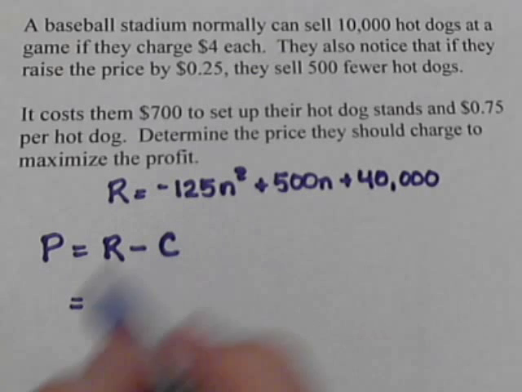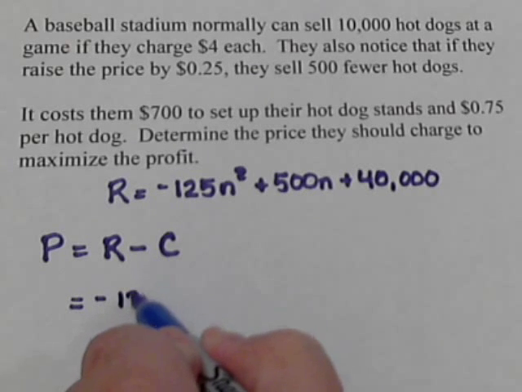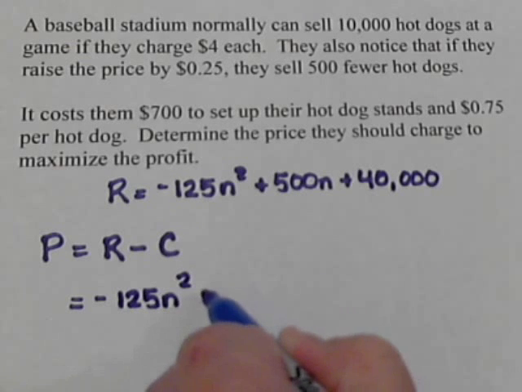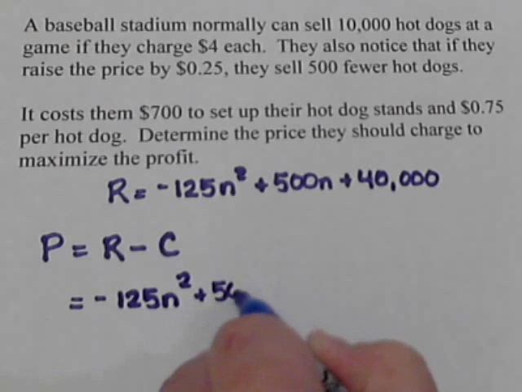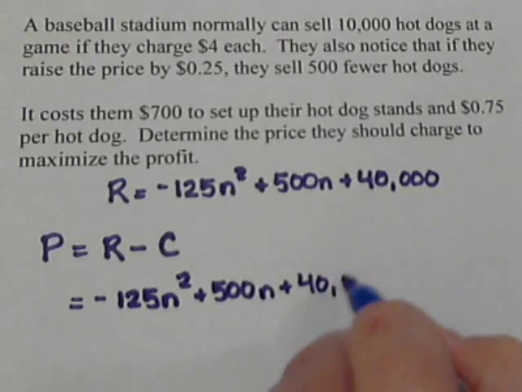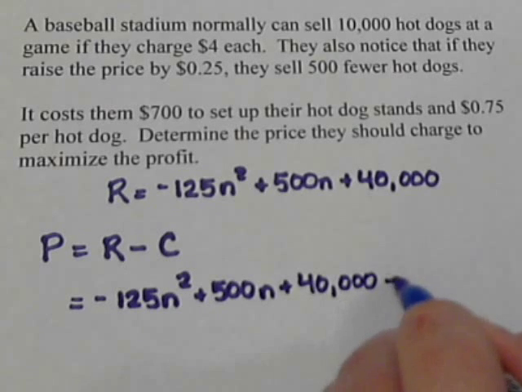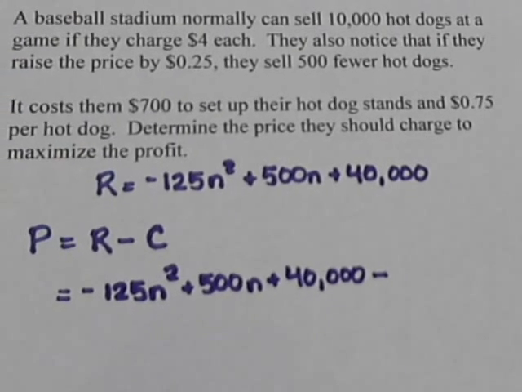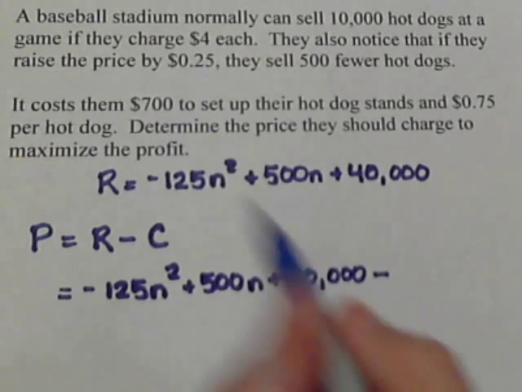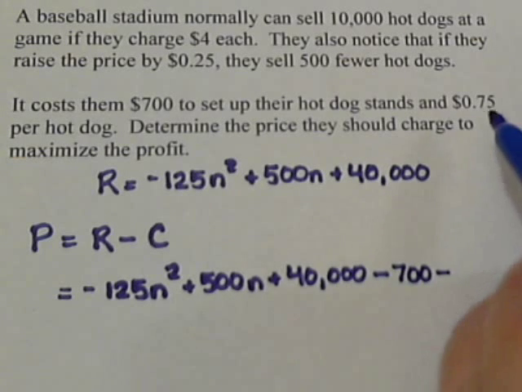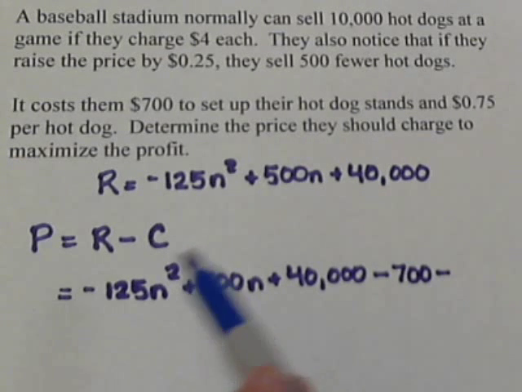Our revenue formula is negative 125 n squared plus 500 n plus 40,000, minus our cost. Well, it says here in the problem that it's going to cost us $700 just to get it set up. So we're going to have to take 700 off. But then it's also going to cost us 75 cents per hot dog.